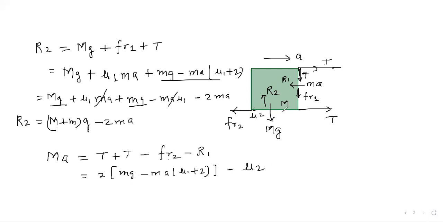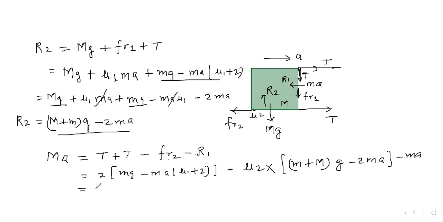The coefficient of friction between ground and the block is mu2 times R2, and R2 we have got as small m plus capital M times G minus 2 MA. So minus R1. R1 is just MA.